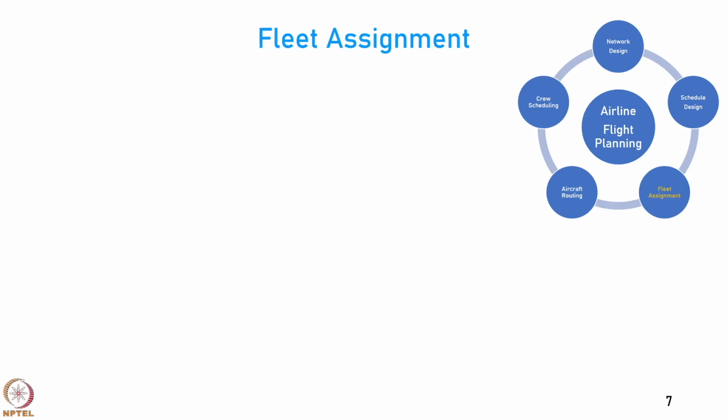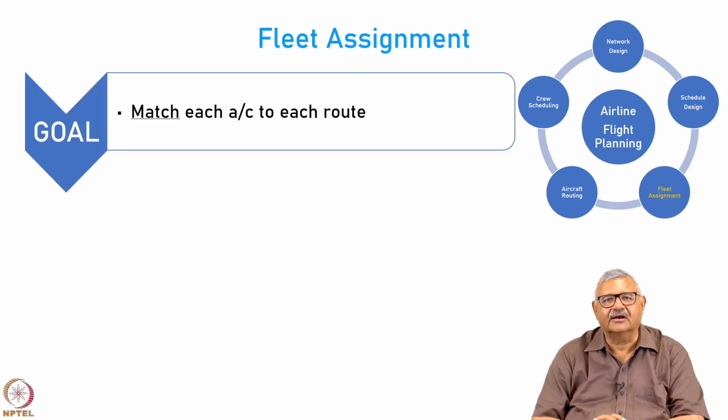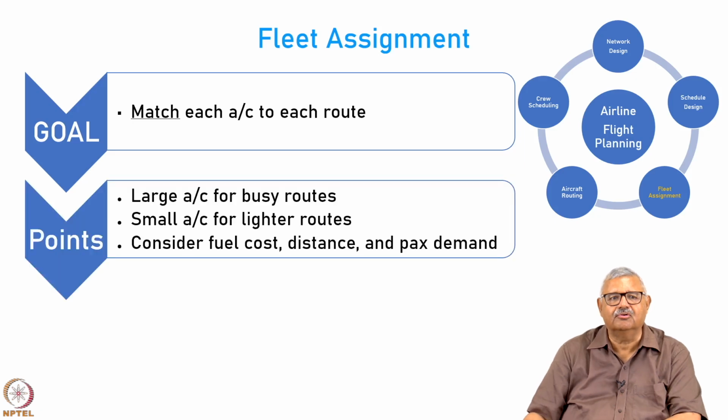Next important part is fleet assignment, which is essentially matching each aircraft that you have in your kitty to the route that you have chosen, and it has to be an appropriate match, okay, the right aircraft for a given route.